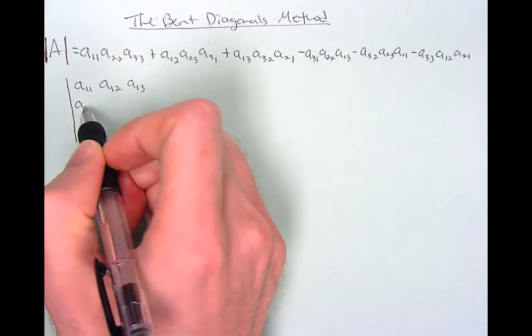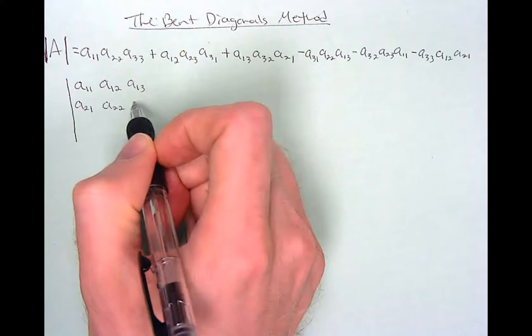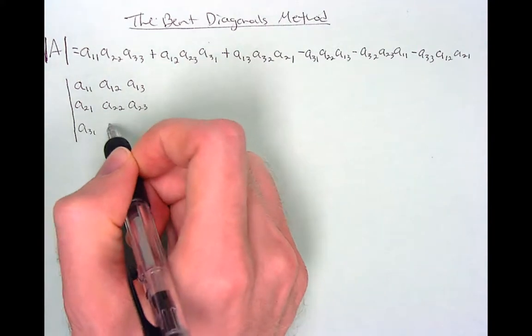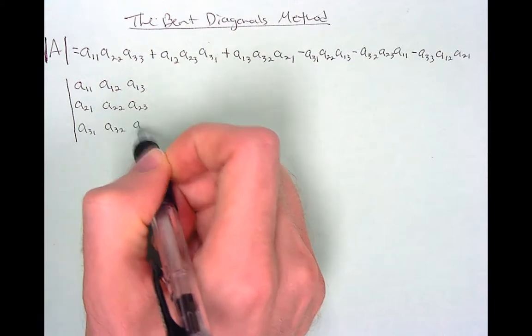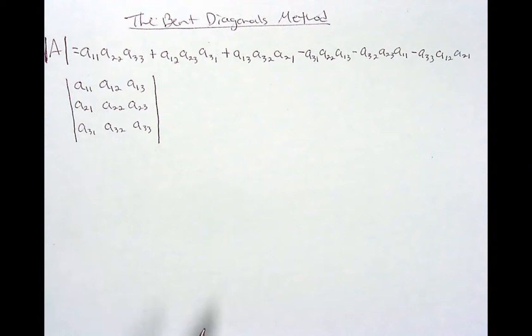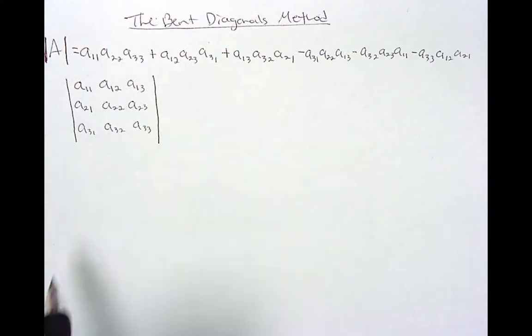Here, second row, first column, second row, second column, second row, third column, and so on. Okay, so in words, this is the sum of the products of the two positive bent diagonals and the one positive diagonal minus each of the two negative bent diagonals and the negative diagonal.